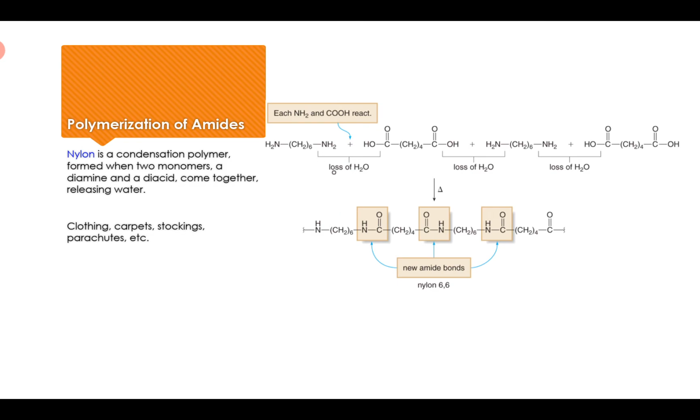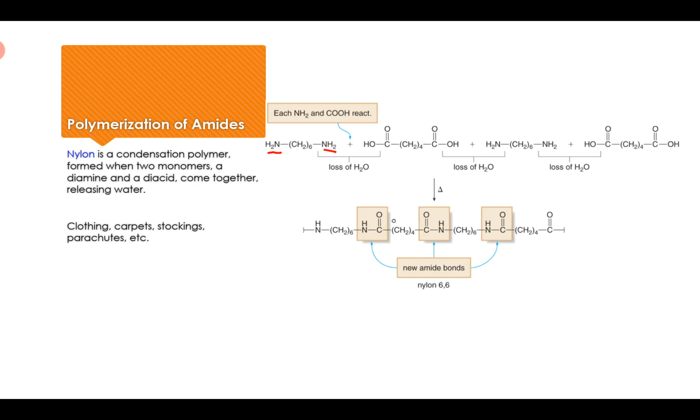We can also form polymers from our amide functional groups. So you can see this molecule here has an amide, two amines, one on each end. And so we can do a condensation reaction here in order to join them together, and another condensation reaction here to join them together. And so this is polymerization.